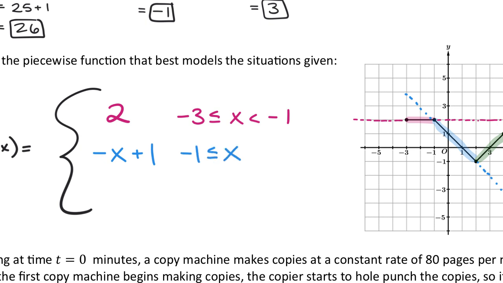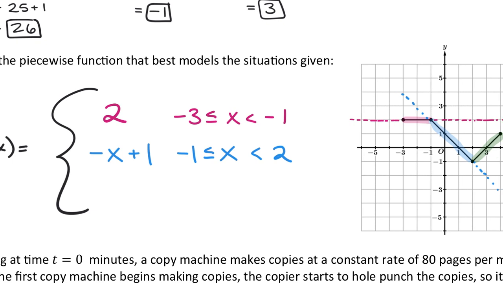They both can't be equal at the same time, otherwise you don't have a function. So we're just going to assign one of them. We don't have enough information to decide which one it belongs to here, so we're just going to give it to the second one. Where does the blue graph stop? 2. So same thing, I'm just going to say less than 2 because of that closed dot. I'm going to assign to the green line so that the green line can be in control.